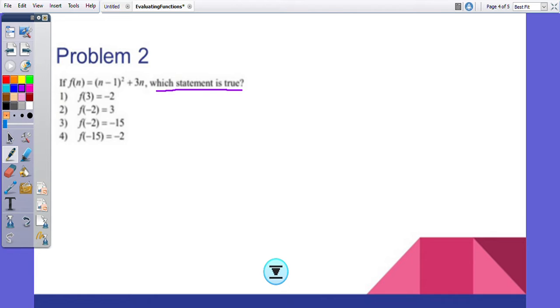For the first choice, we're going to check if it's true. So x equals 3. I'm sorry, this time our variable is n. For every n, we're going to substitute it with 3. So we're going to say 3 minus 1 squared plus 3 times 3.